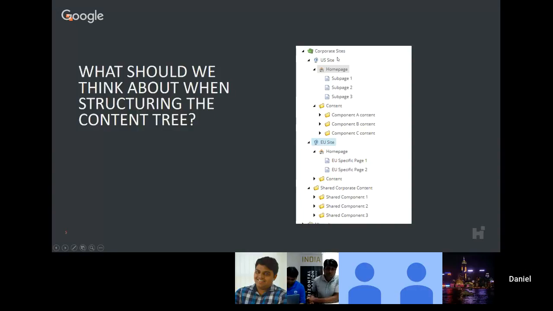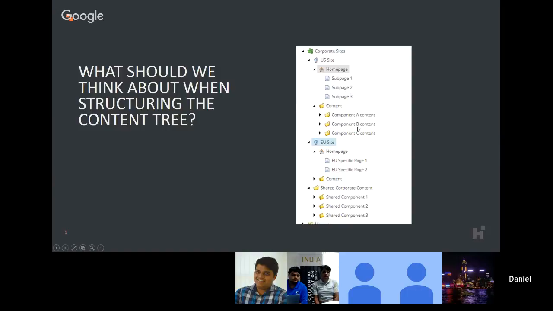So we'll have our sites grouped together. So we might have the US site, which would support US English, and we might have an EU site that would support a number of different languages. Within the content tree for the US site, we'll have content and components that would be specific to the US site. Now, these may be specific in the fact that the content in them speaks to concerns that the US people would have, whereas the EU people would never have a need for that content.